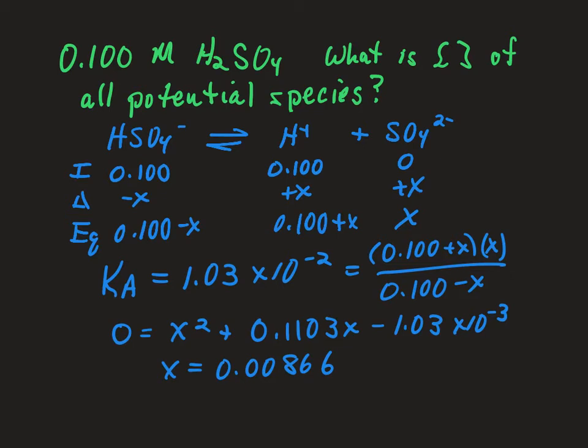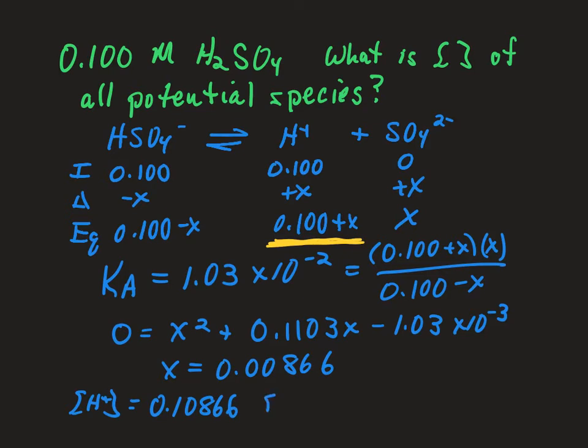So now we have to consider our results, right? Our concentration of hydrogen ions is going to be 0.10866.